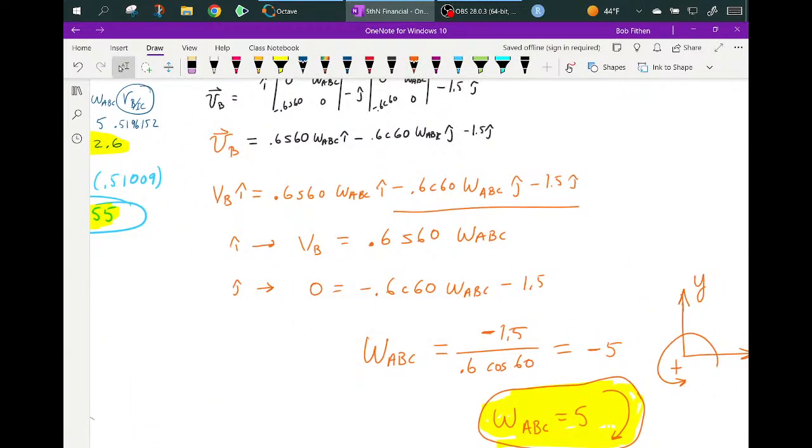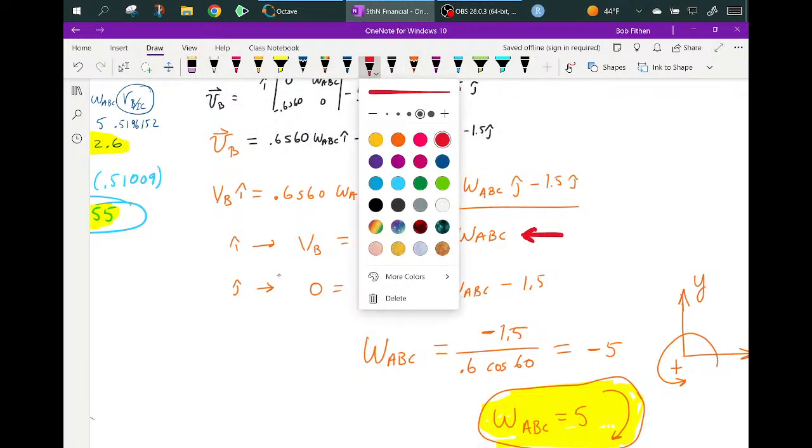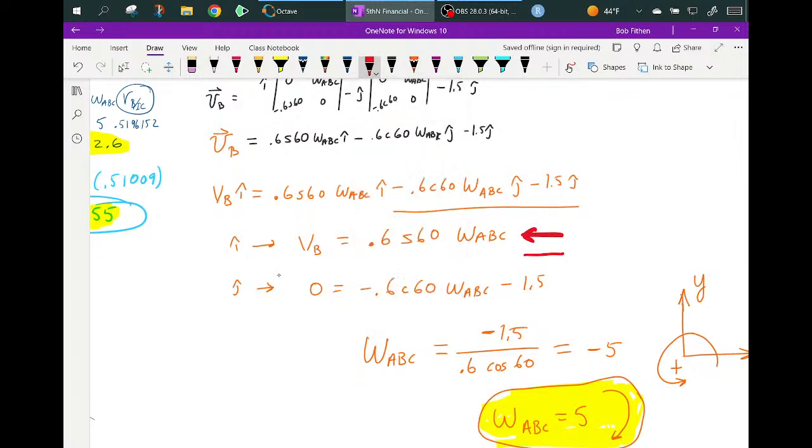Now, I didn't finish this up, because now one might want to know what this velocity is.